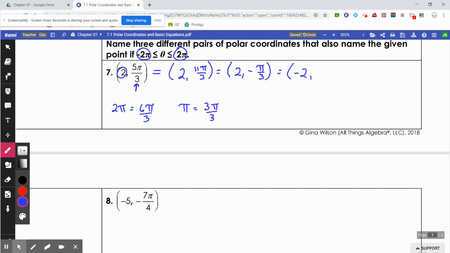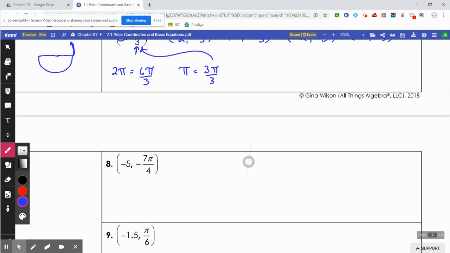Because again, if we go out 2 and rotate 5 pi over 3, well, that'd be the same thing as going out a -2, then add a rotation plus that additional on. So we could do -2 and then 8 pi over 3 when you add that on, or you could go -2 and then subtract off that 3 pi over 3, and that leaves you with 2 pi over 3. So all of those would be the exact same thing.